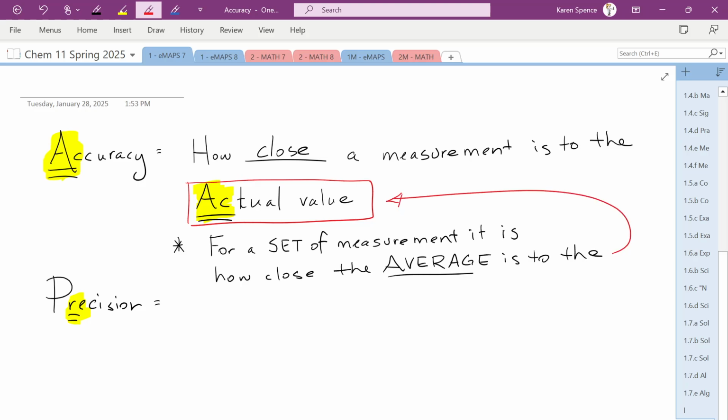And you'll notice I'm kind of lazy. If I have a choice to not write things twice, I will just point at it, okay? Oh, for a set of measurements, I'm sorry, that should have an S at the end.